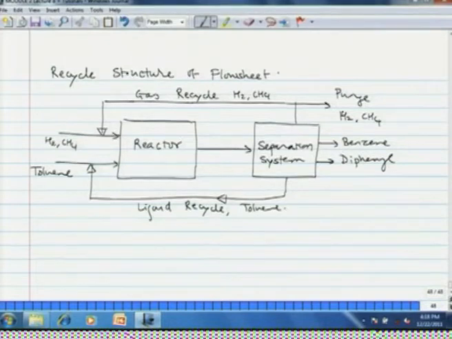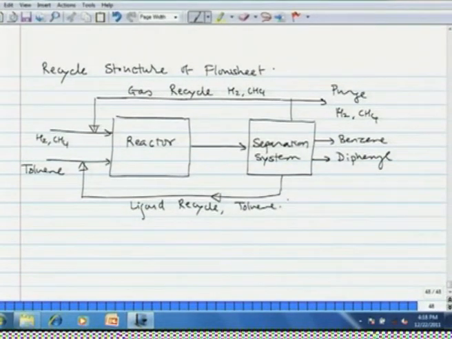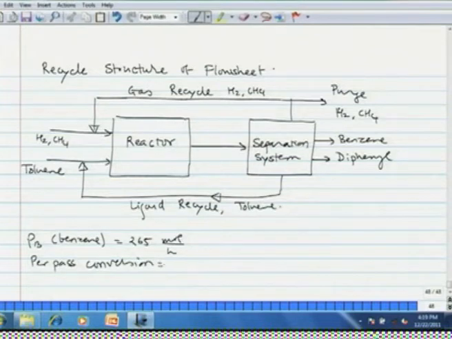Now, let us give some numerals. Let us say the production rate of benzene is 265 mole per hour. The per pass conversion of toluene is 0.75. Feed toluene is assumed to be pure.